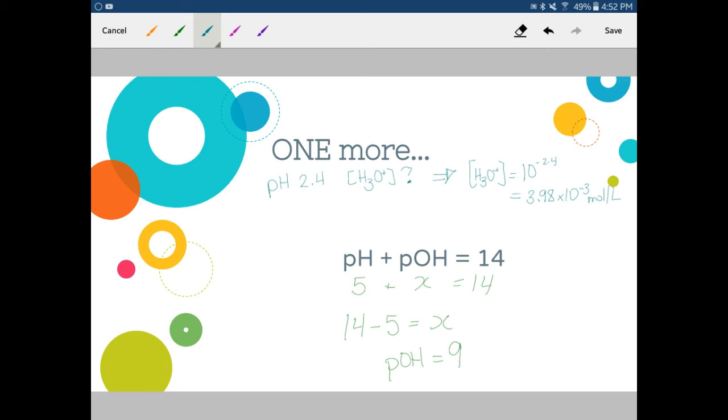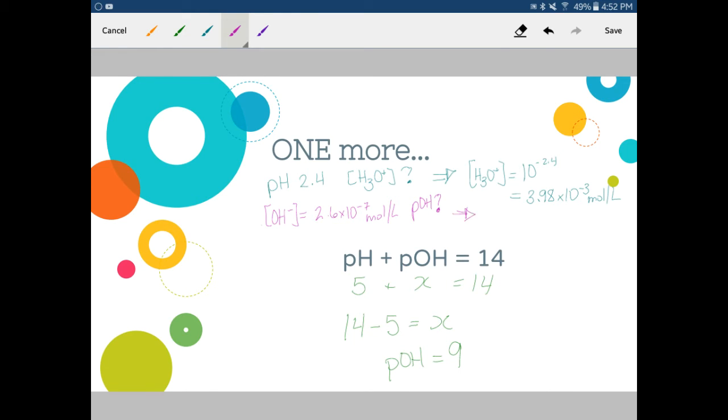Now, let's say our hydroxide ion concentration is equal to 2.6 times 10 to the negative 7 moles per liter, and we're looking for our pOH.